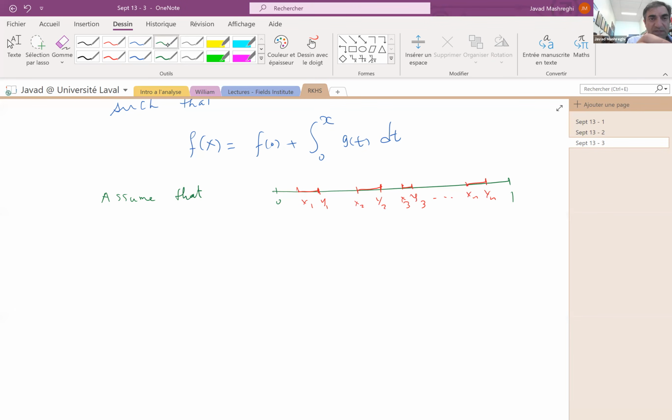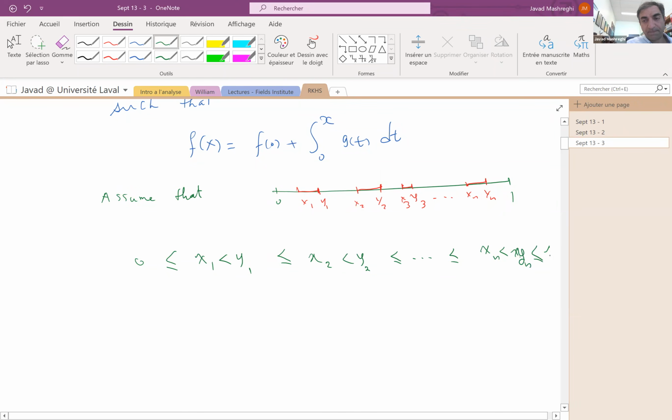And so assume that 0 is less than or equal to x1 less than y1, and then y1 is at most x2, and then you have x2 less than y2. And you continue up to the nth one. These intervals are in [0, 1] with a restriction on this.